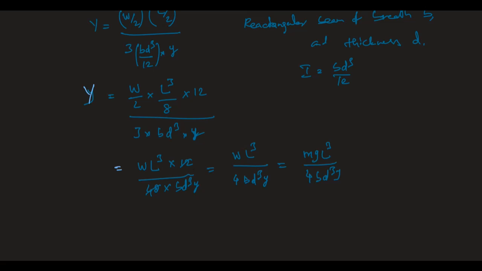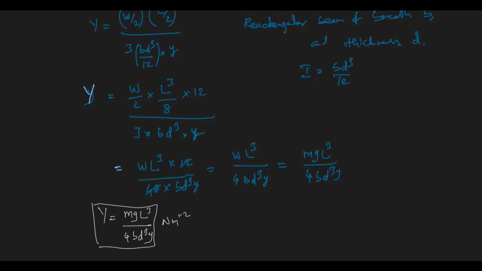So the Young's modulus of the non-uniform bending, we will get the equation as mg L cube divided by 4 B d cube Y. This is for the new unit is meter square. This is for the non-uniform bending approach, we will get this result.